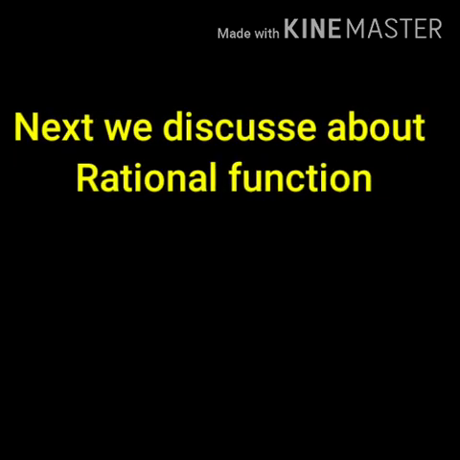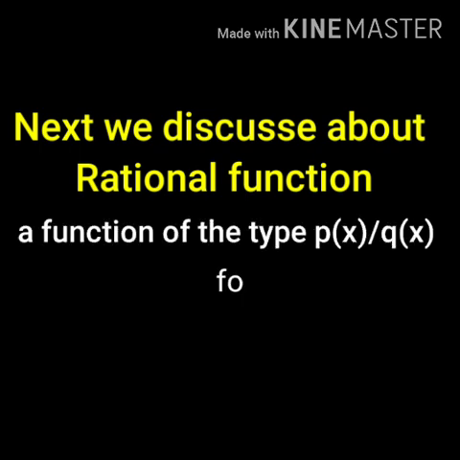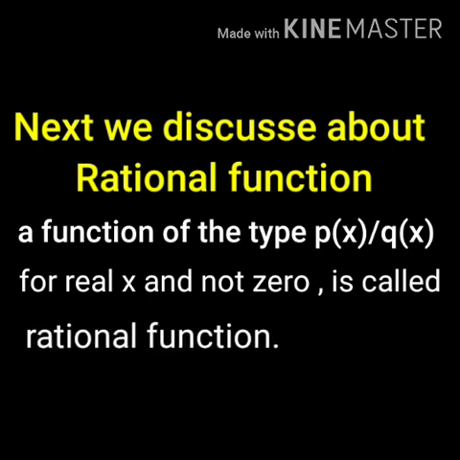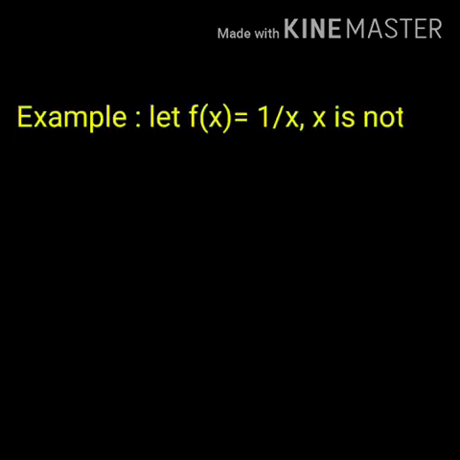Next we discuss the rational function. First of all, the definition: a function of the type p(x) by q(x) for real x and q(x) not 0 is called a rational function. Let us see its graph. Let us take an example f(x) equal to 1 by x, x is not 0.